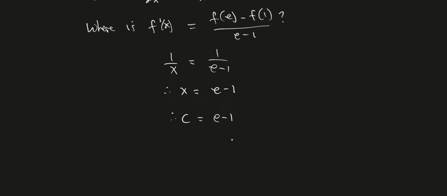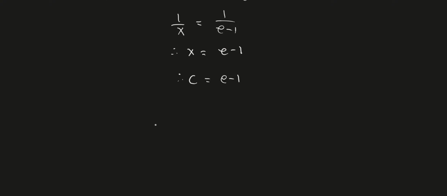So what does this mean? Well, if you sketch the graph of the function, and remember our interval here is from 1 to e, basically your log function looks something like this, right?